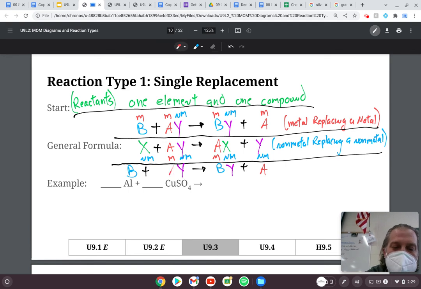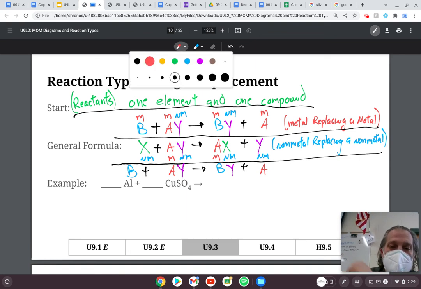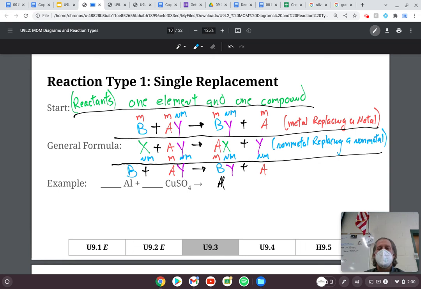And the reason why I'm writing the general formula right over the compound and the element itself is because now all I'm going to do is separate what I have and match it up on the product side, right? So if aluminum is under B on the reactant side, I'm going to put aluminum under B on the product side. So now I'm going to put my aluminum over here.